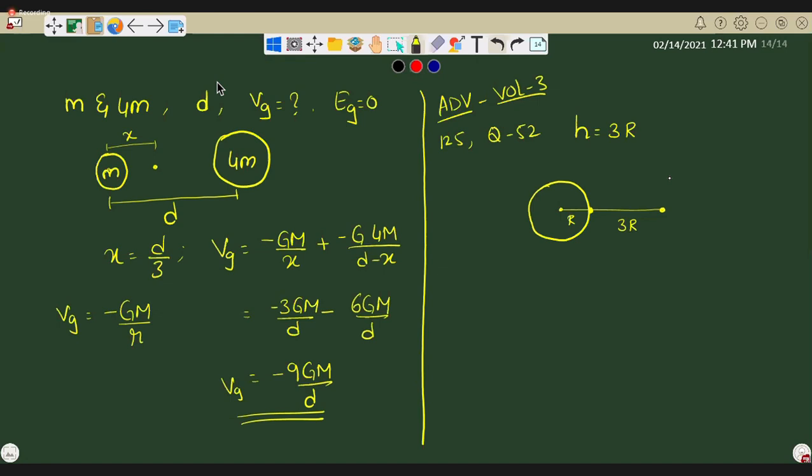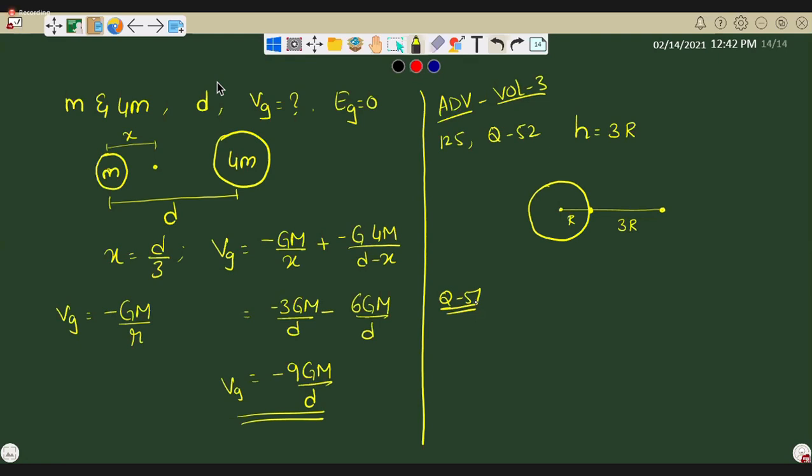Do it. 3 by 4 mgR. Is it minus 3 GM by R? Minus 3 GM by R.